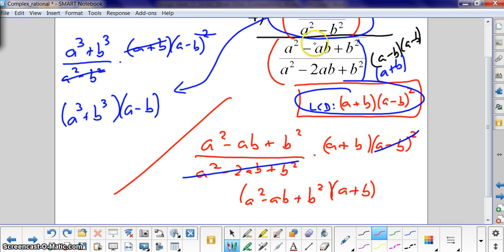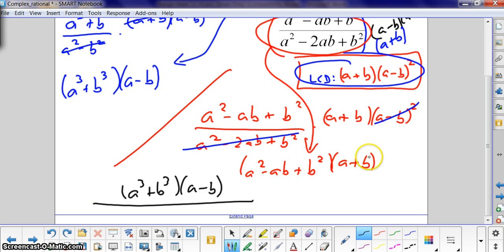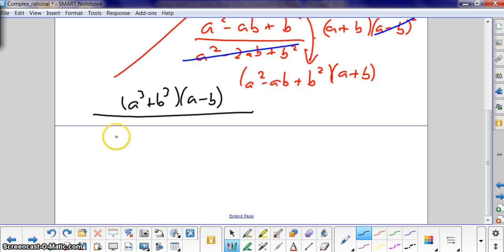Alright, so let's make sure we're organized now. So this is now becoming that. I'm going to take my new numerator, a cubed plus b cubed times a minus b, put it over my new denominator, which is a squared minus ab plus b squared times the quantity a plus b.